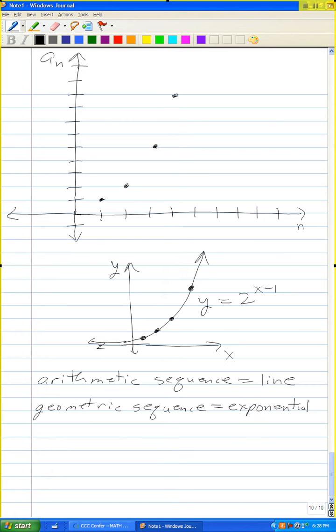So that's how they were characterized. That really finishes off section 15.4. Let me go on to section 15.5, which is arithmetic series.